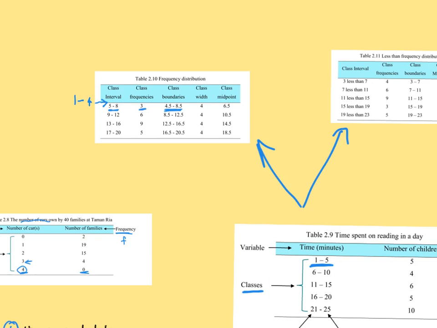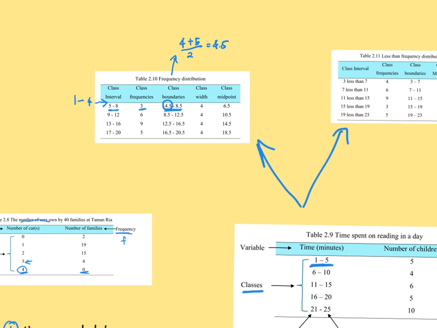Okay, so the formula for class boundaries: the upper limit of the class before that, in this case 4, plus the lower class limit of the next class, in this case 5, divided by 2, so you're going to get 4.5. That's why the class boundary for the first one is 4.5.